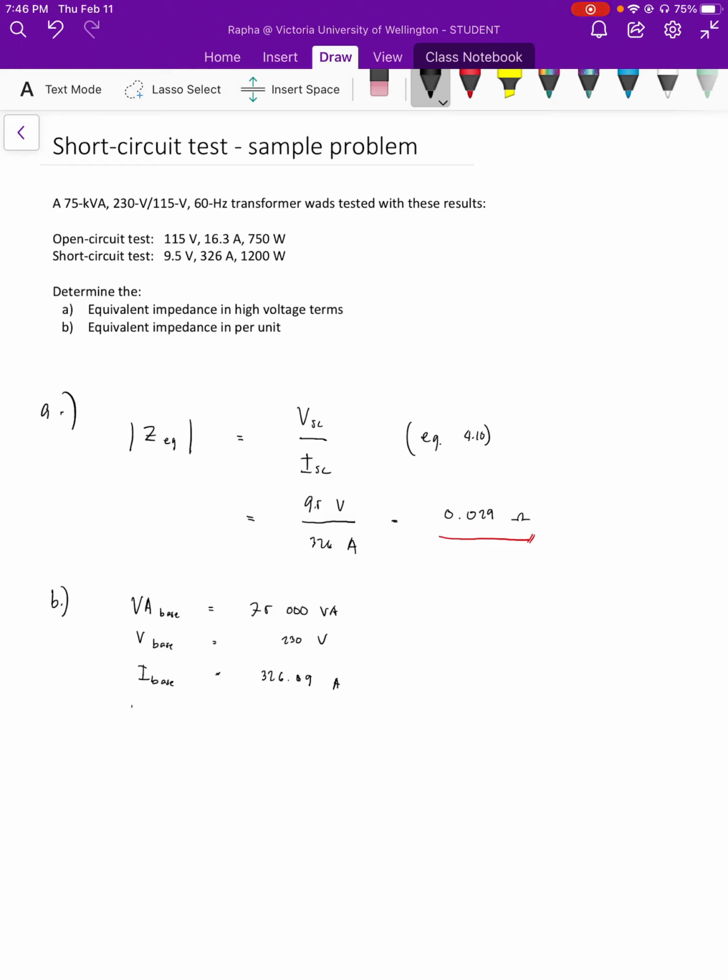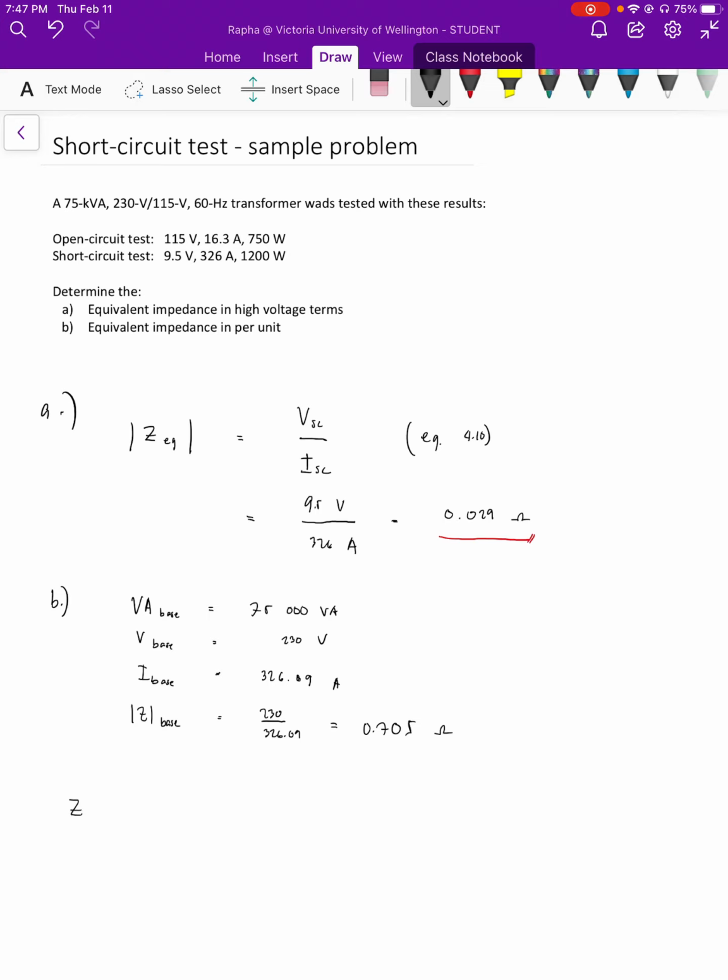And then from there, masolve na to si base impedance by dividing voltage by current. So we have 230 divided by 326.09, and that is equal to 0.705 ohms. So mao na siya itong base impedance.